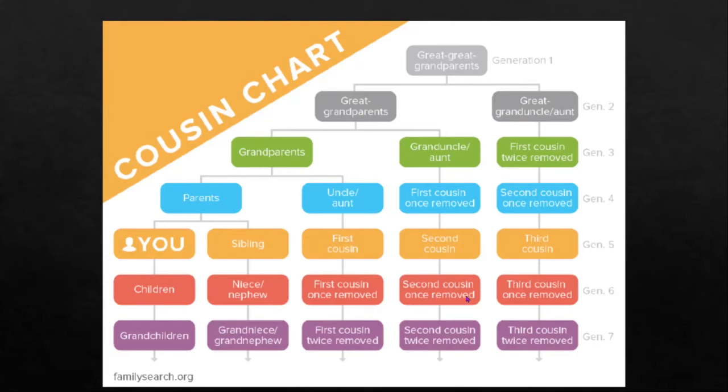Again, they're once removed. They are one generation different from you. When that second cousin has a child, second cousin twice removed, because they are two generations different from you. Okay, so when you're in the same generation, there's no removal. When your link is the same person but you are in different generations, that's where the removals happen. It's about what generation you're part of.